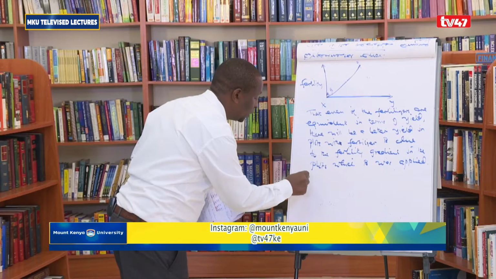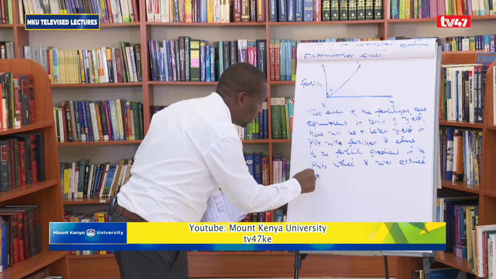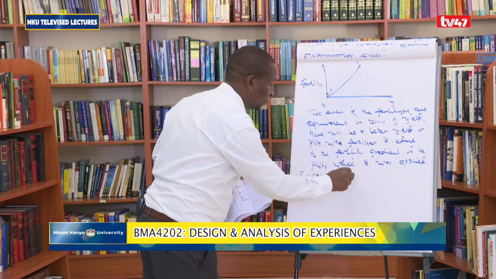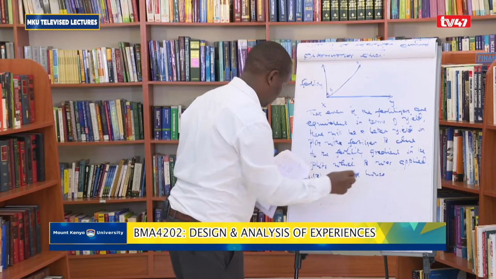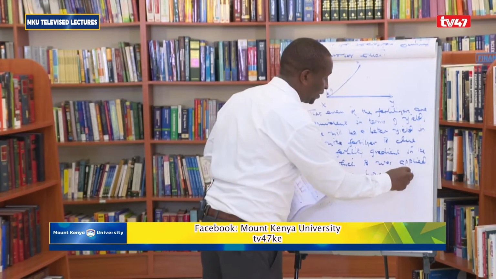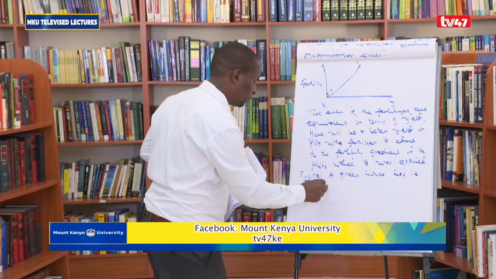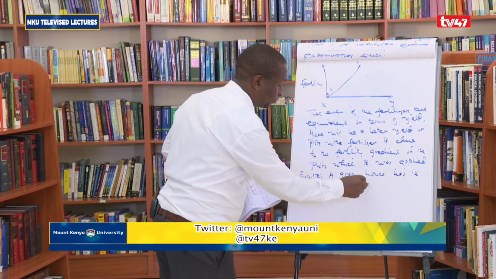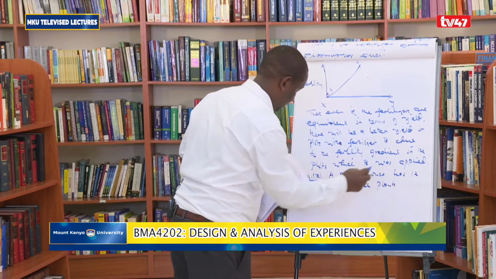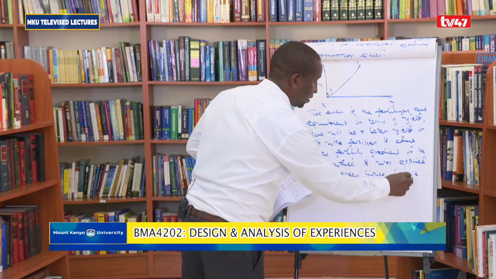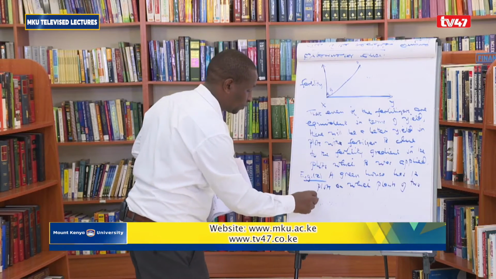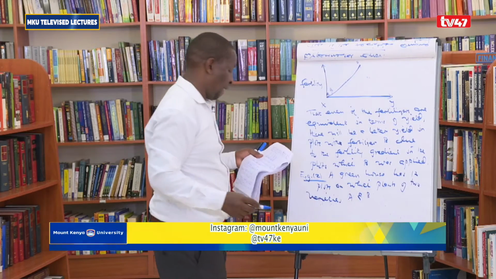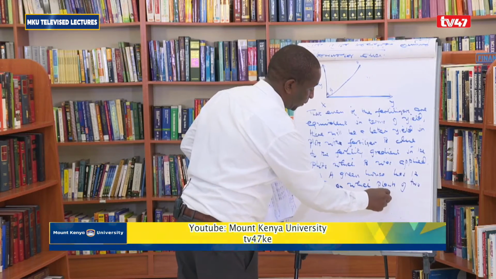Example 2, for the need for randomization: a greenhouse has 12 plots on which plants of two varieties, A and B, are to be grown.